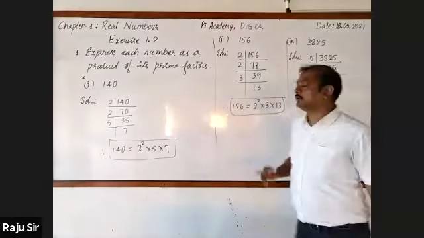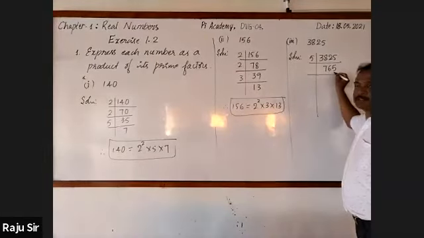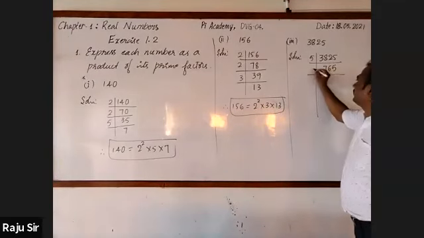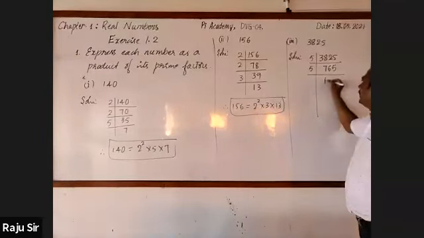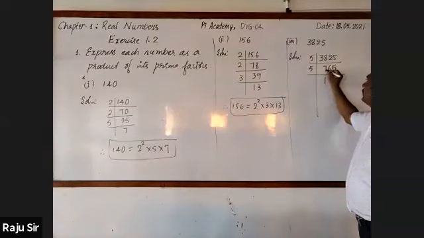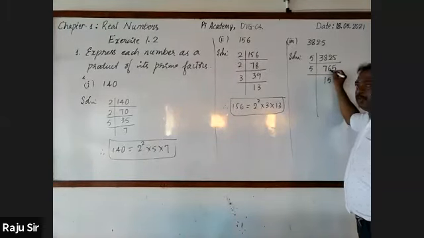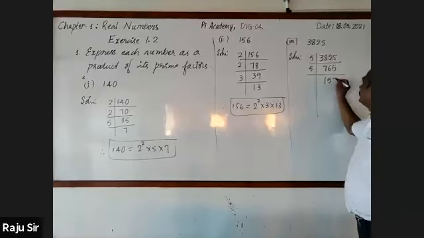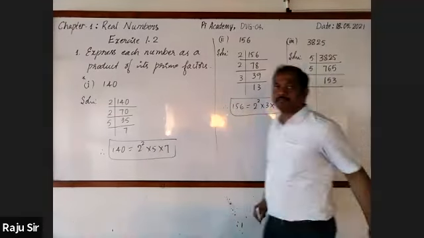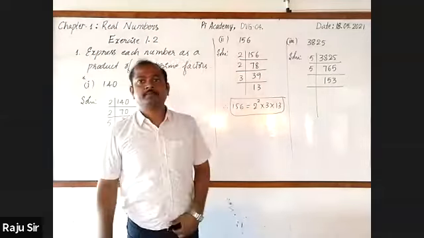Next, again it ends with 5. Start dividing by 5. 5 ones are 5, 2 will remain. It becomes 26. 5 fives are 25, 1 will remain. It is 153.